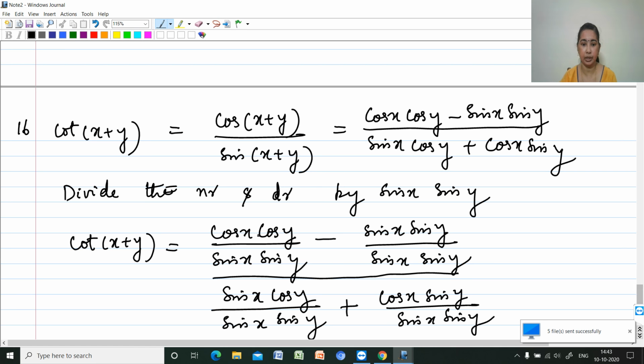Simplifying, here we can see cos x by sin x is cot x, cos y by sin y is cot y. Then sin x sin y gets cancelled, remaining 1.